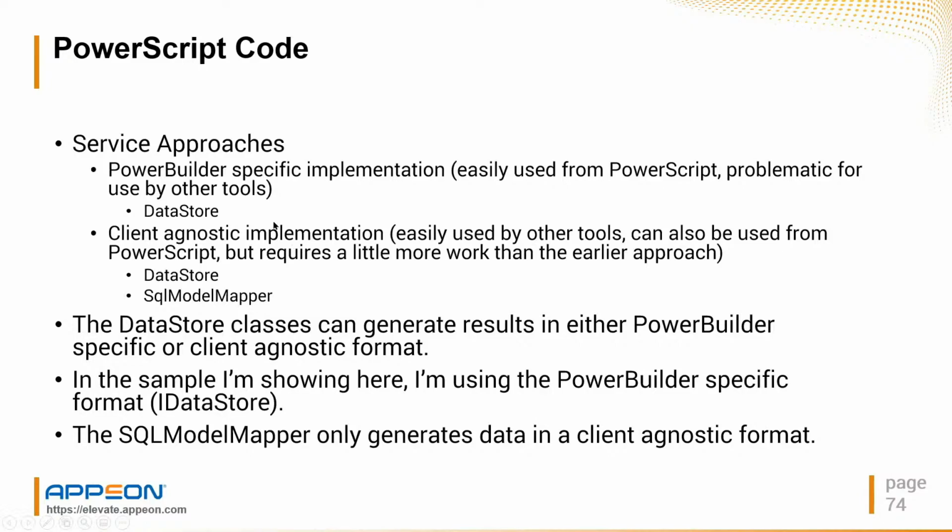Other REST clients though can't use the data store JSON format. Well, they could if they did a lot of work, but normally most REST clients aren't going to be able to use it, and so you'd use the agnostic format done by either the data store or the SQLModelMapper.